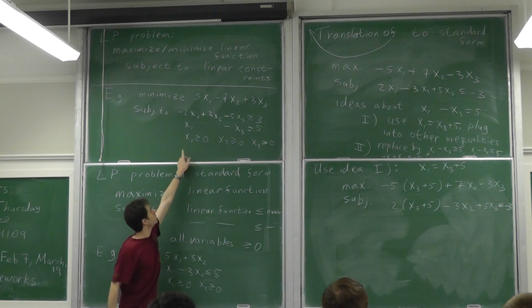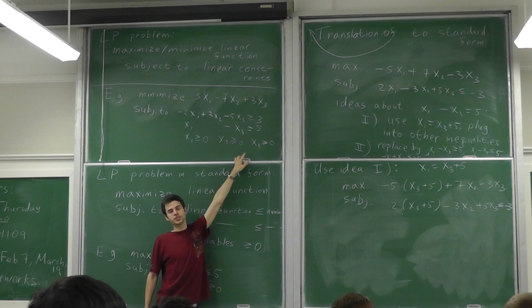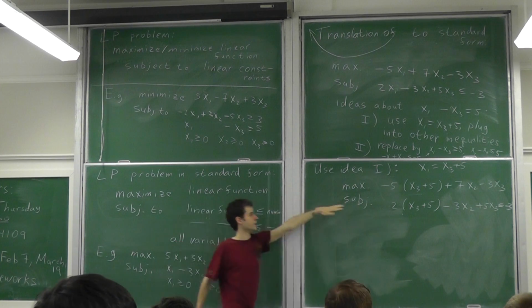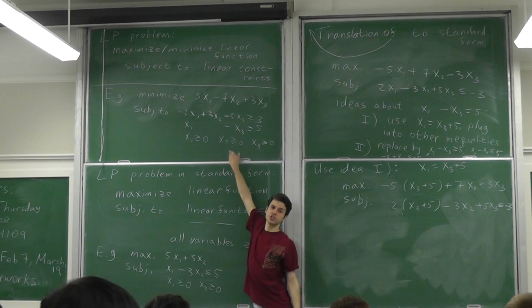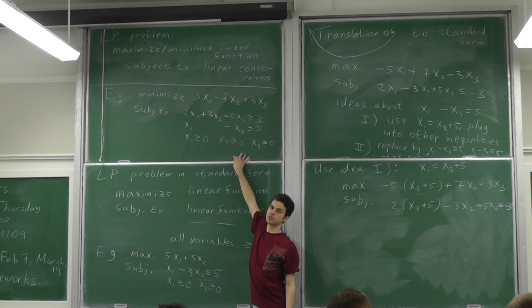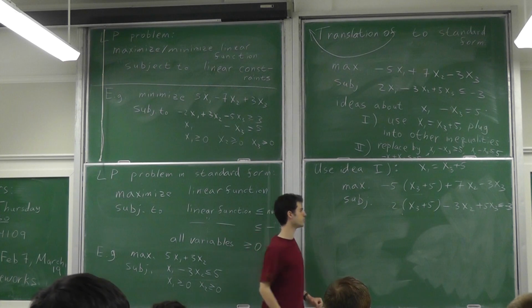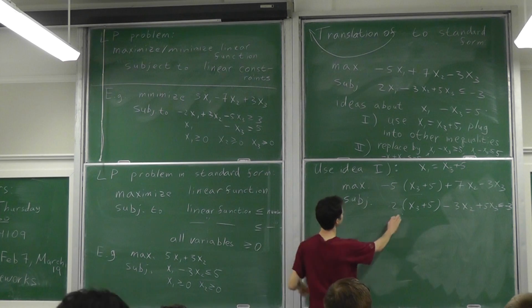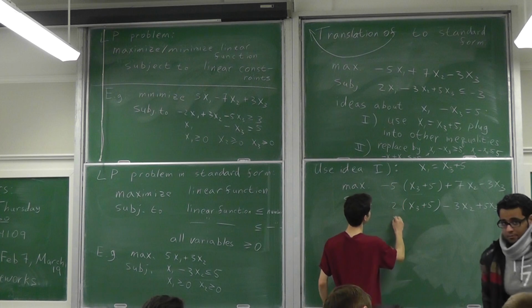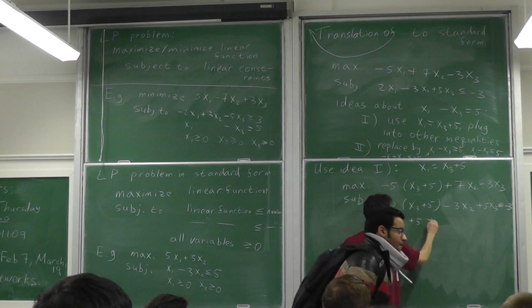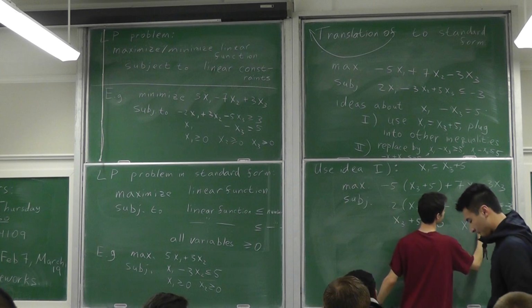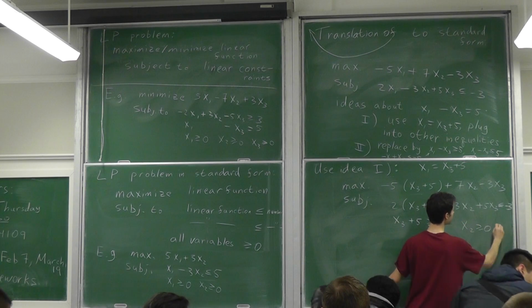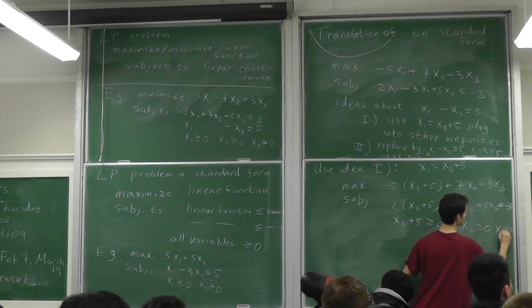The second constraint is automatic, I used it here, but I still have these 3 constraints. All the variables are positive. I'll have to rewrite those. First one, x1 bigger or equal than 0, translates to x3 plus 5 bigger or equal than 0. The second one stays as it is, and the last one stays as it is.